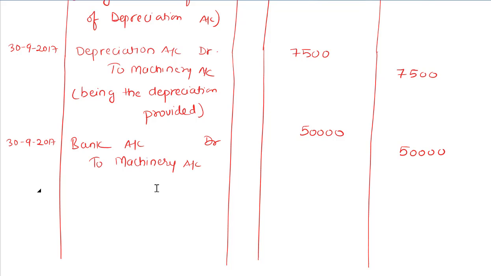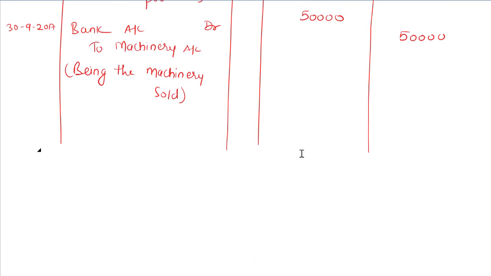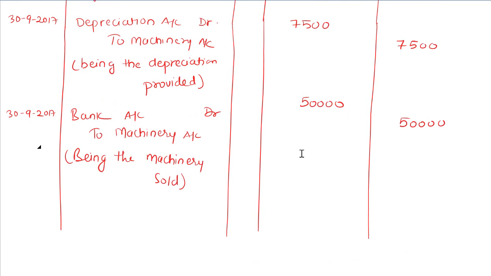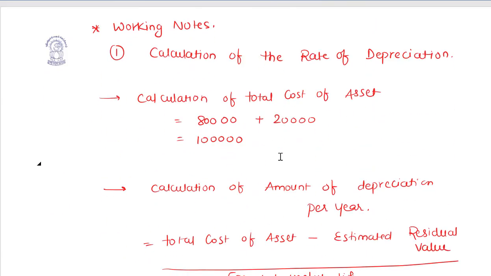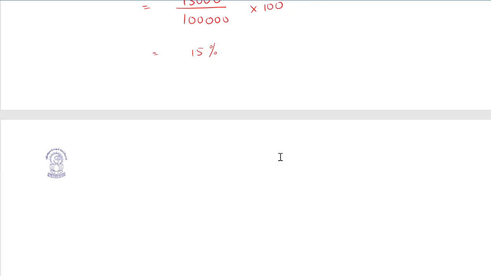Being the machinery sold 50,000. Is it clear? Now we need to calculate whether we have made profit or loss on sale of machinery.